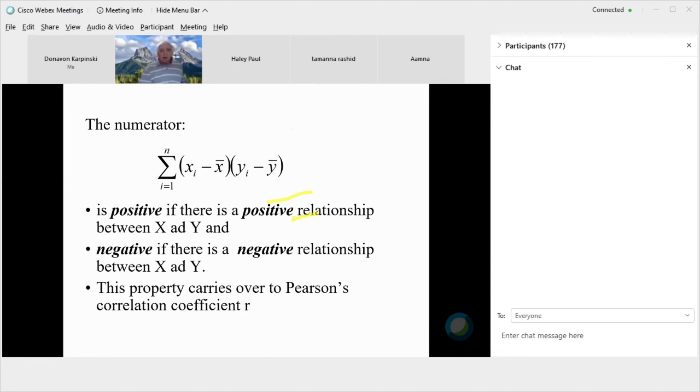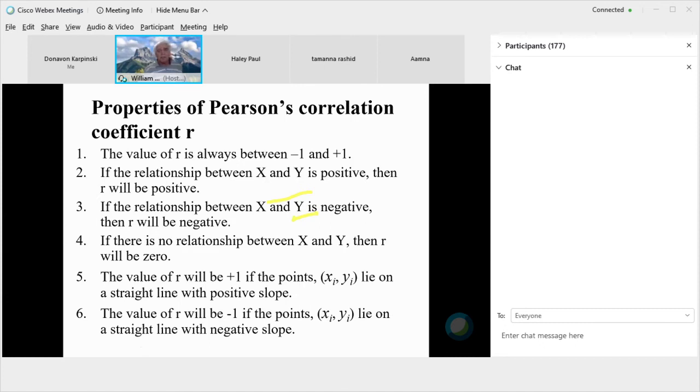If that sum is positive, there's a positive relationship between x and y. If it's negative, there's a negative relationship between x and y. This carries over to Pearson's r. It'll be positive if there's a positive relationship, negative if there's a negative relationship.